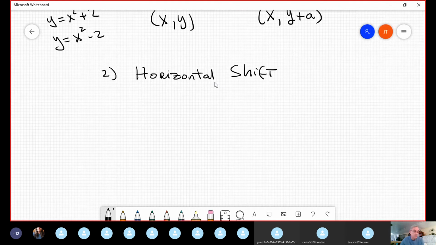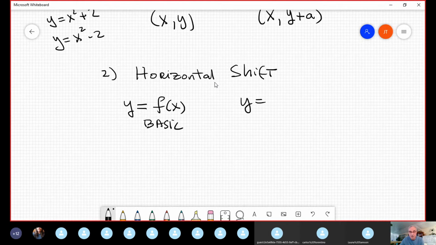So horizontal shift is different because we have a function, the basic function. This is the basic. But the transformation that we are doing now is adding or subtracting inside the parentheses. Okay. So I suppose, using my common sense, the shift is not vertical, it's horizontal.